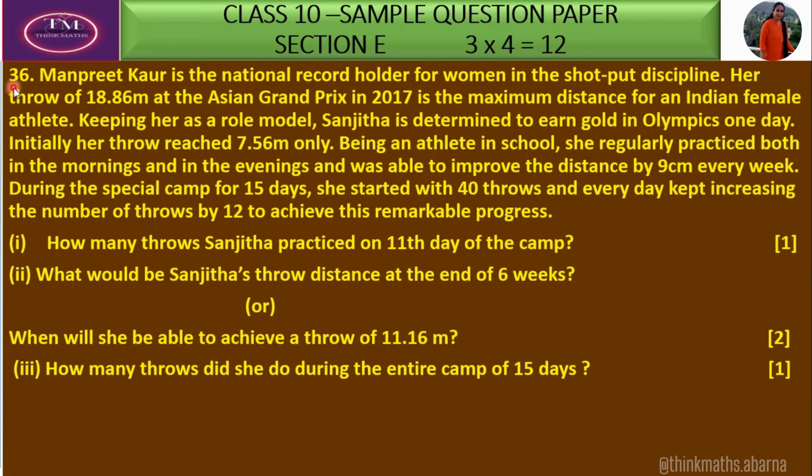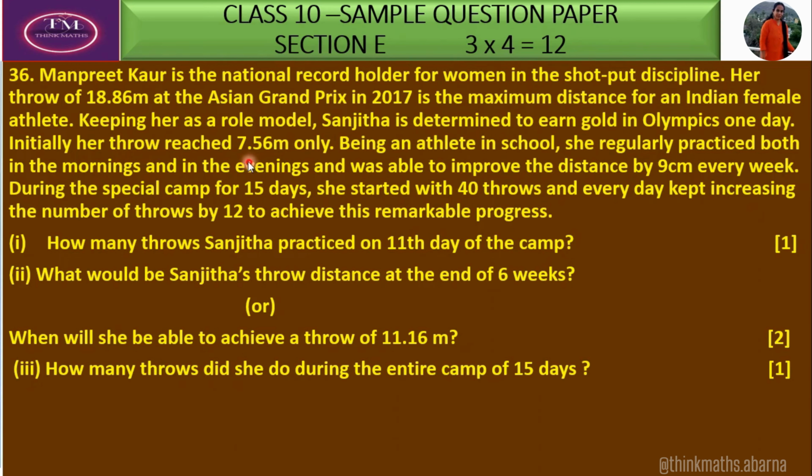We will get into the solutions for these problems. The first one is the 36th question. Manpreet Kaur is the national record holder for women in the shot put discipline. Her throw of 18.86 meters at the Asian Grand Prix in 2017 is the maximum distance for an Indian female athlete. Keeping her as a role model, Sanjita is determined to earn gold in Olympics one day.